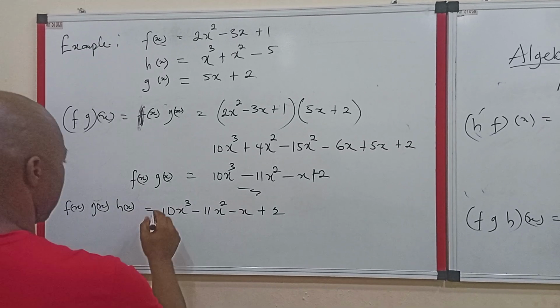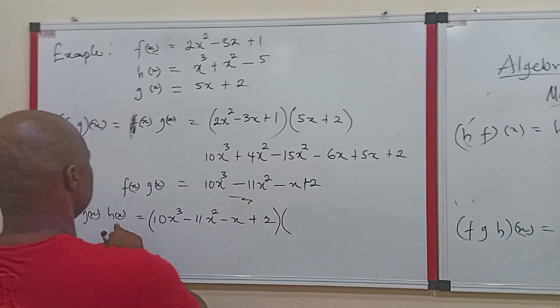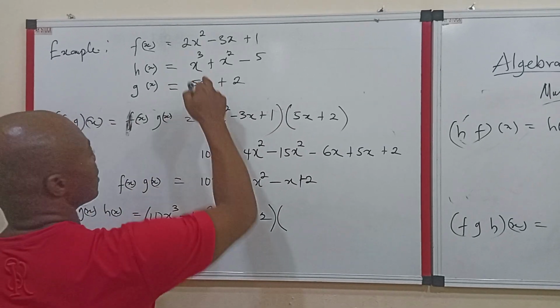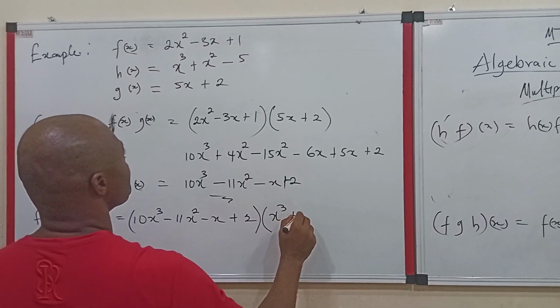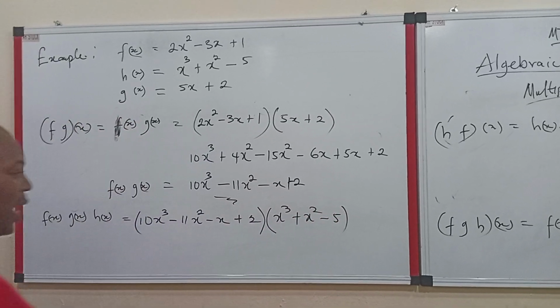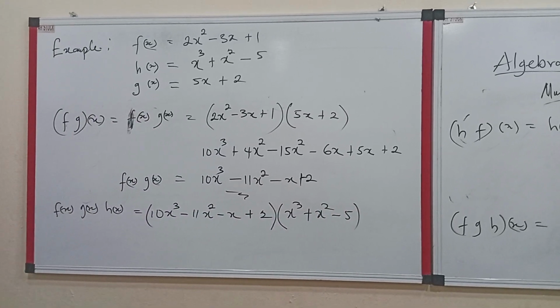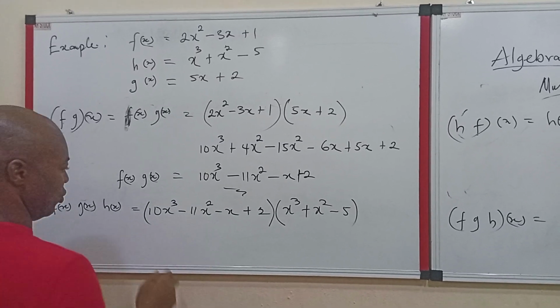For this, then we are saying that this term now is multiplying the h term, which is x raised to the power 3 plus x raised to the power 2 minus 5. And this, the audience can also do straight away as we have been doing.